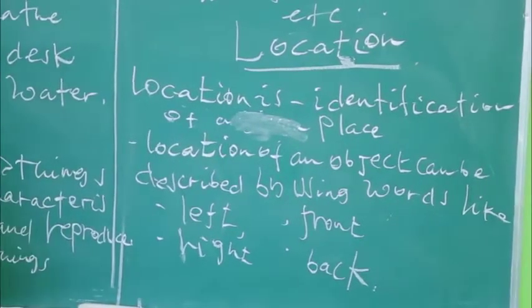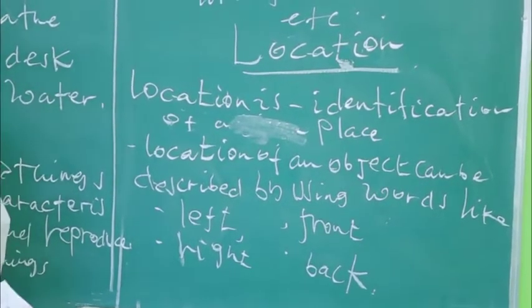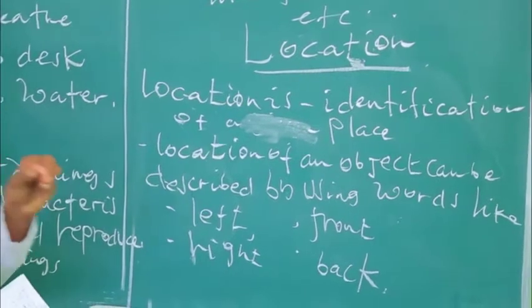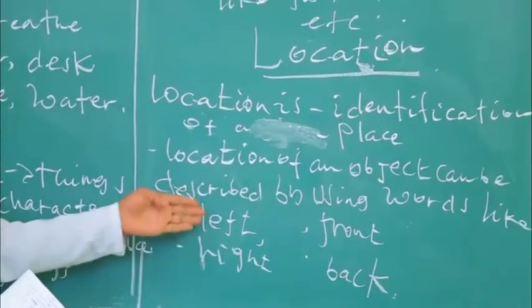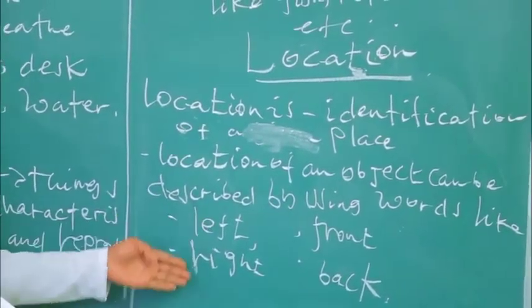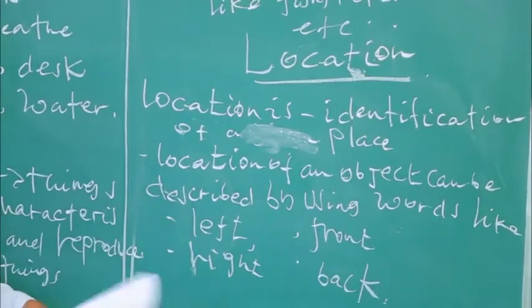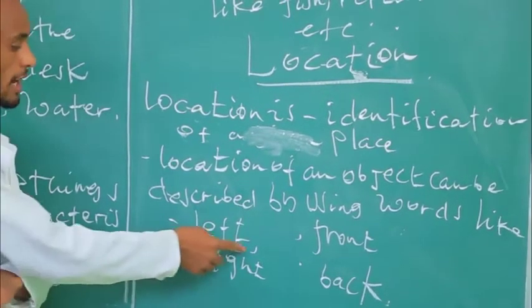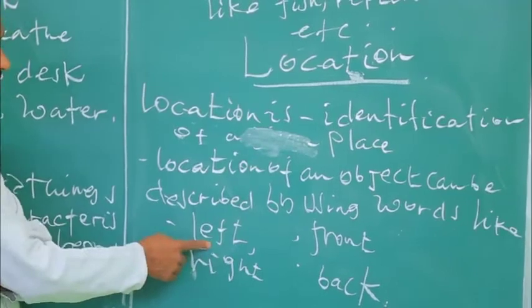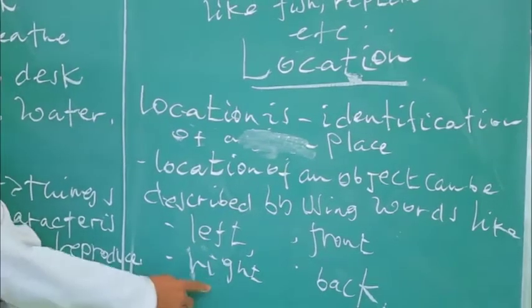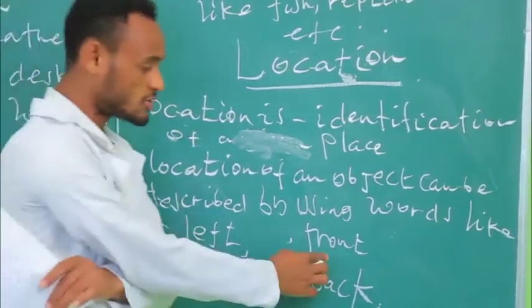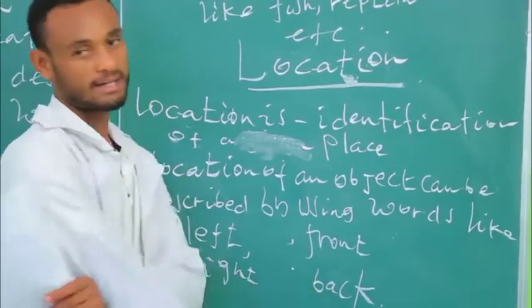Students, you can locate a given object by using these four types of descriptions: the word left, the word right, the word front, and the word back.